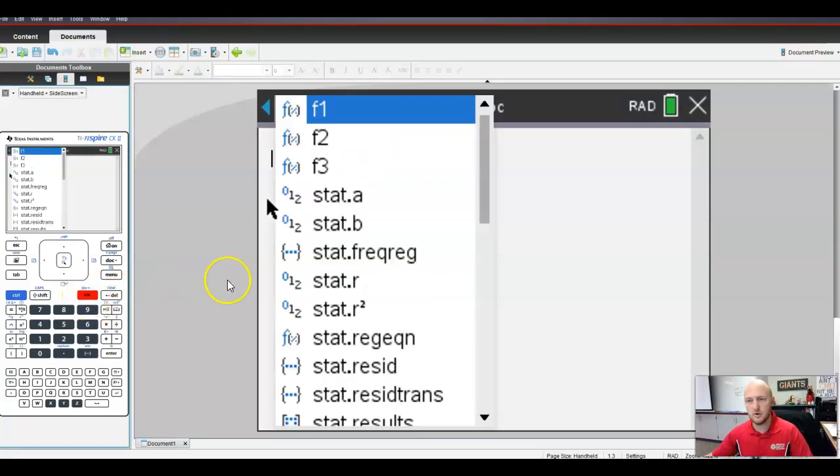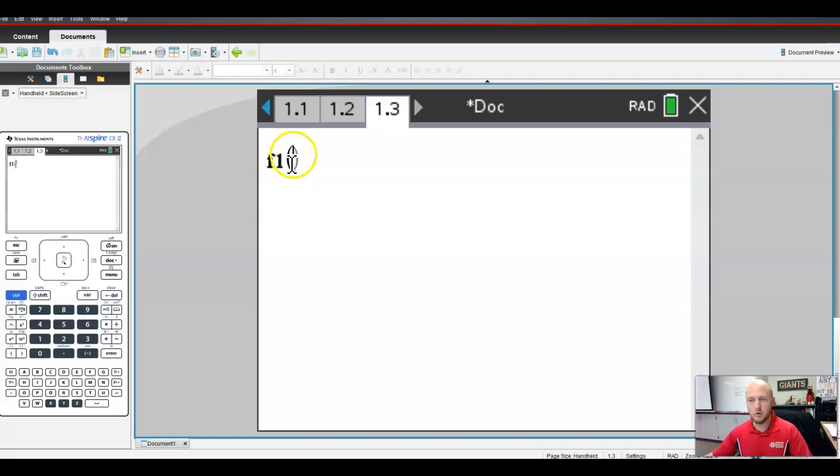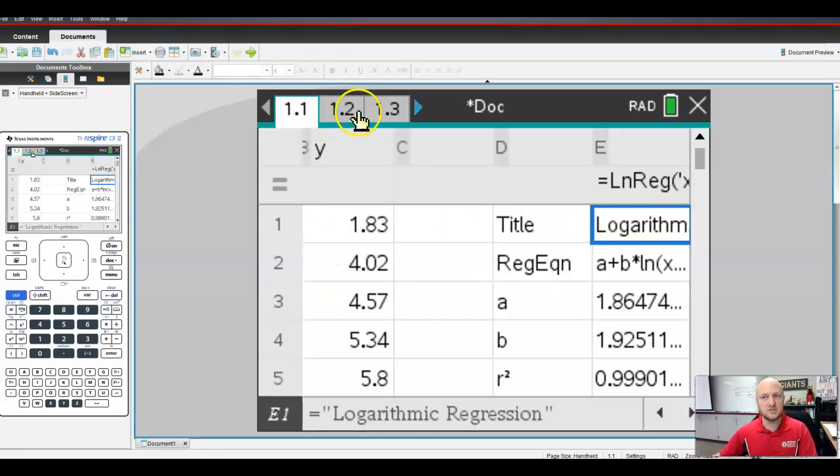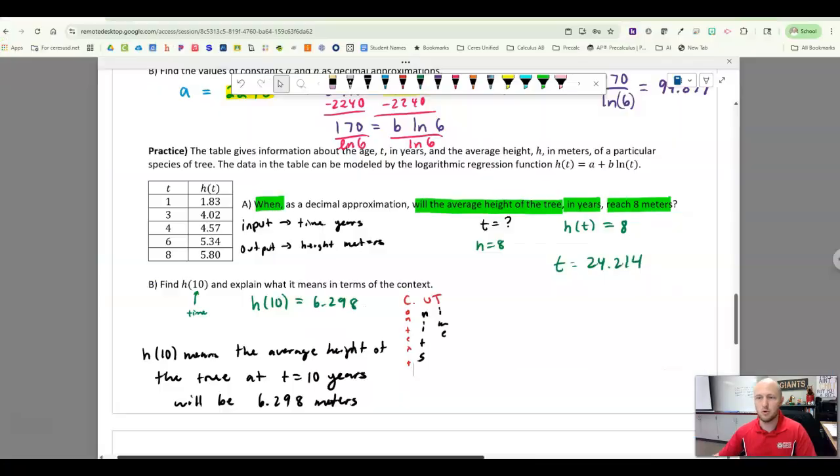So they asked, what will be the height h of 10? There's my function h, f1, again stored under VAR, and then I hit enter, and it gives us that value, 6.297. Just more steps with this. Desmos is a little bit cleaner, but that's how you do it in a TI.